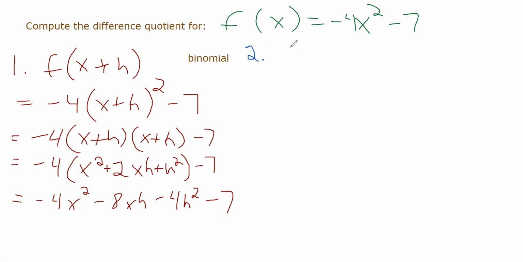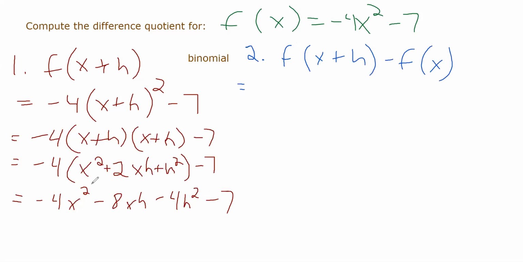Now step 2 in the difference quotient is to do f of x plus h minus f of x. Well, here's f of x plus h down here.